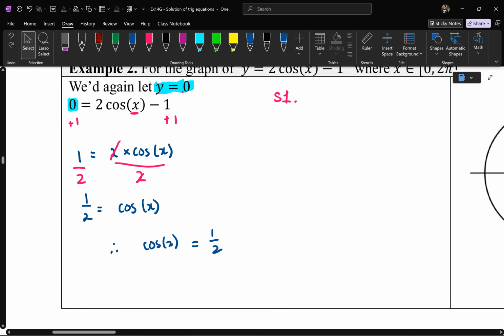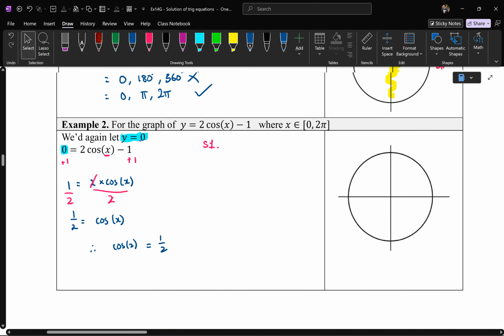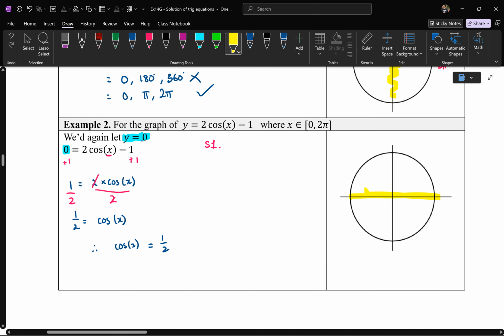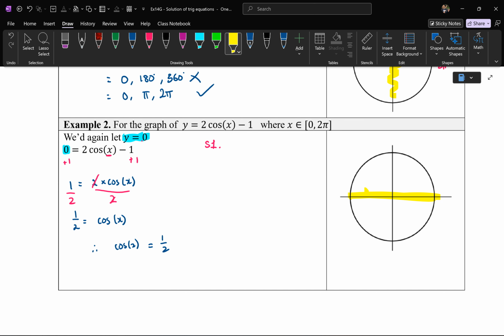Step 1. Cos represents x coordinates. So on your x-axis, you're asking now, when will x values be positive? Which quadrants? There are 2 quadrants where x would be positive. Which quadrants can I please have? Artie, which quadrants will cos be positive? 1 and 4.